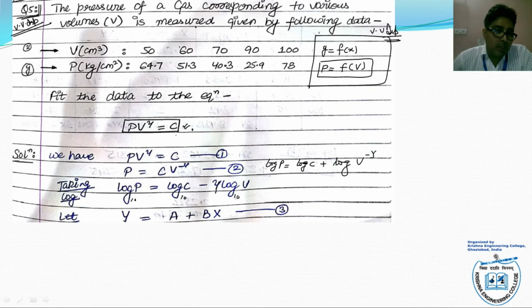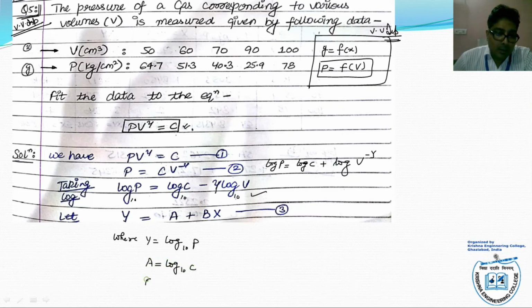Again we use the property, so this becomes log P is equal to log C minus gamma log V. Take log P as capital Y, and this is the constant term, so take it as capital A, minus gamma as capital B, and log V as capital X. Here capital Y is equal to log 10 P and capital A is equal to log 10 C, right?